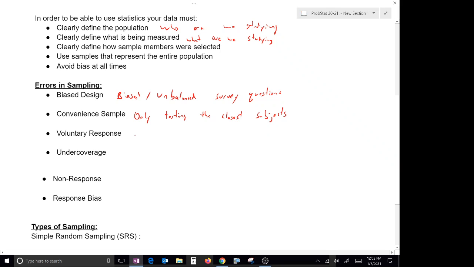So, voluntary response is where the subject's response is voluntary, and the problem is that leads to highly polarized results.